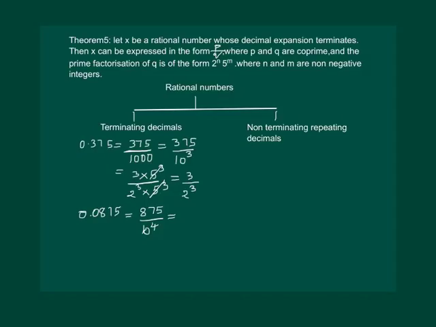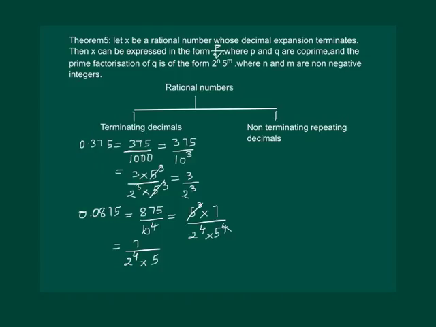We get 5 cube into 7 whole by 2 power 4 into 5 power 4. Now let us cancel. 5 cube gets cancelled and one 5 is left in the denominator, which is equal to 7 by 2 power 4 into 5.